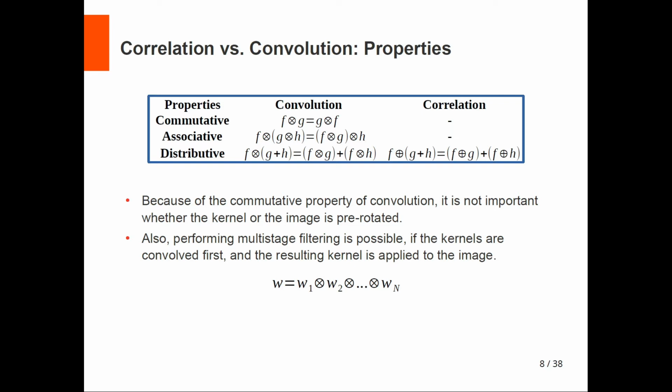Also, what we saw last time was that if we have separable kernels, we can use the associative and commutative property to reduce the computational time for the convolution significantly. This is something that will be discussed a little bit later on as well.